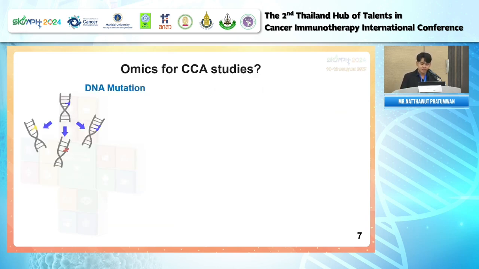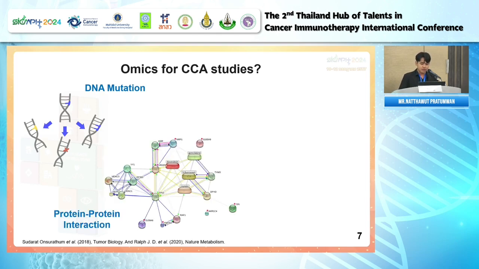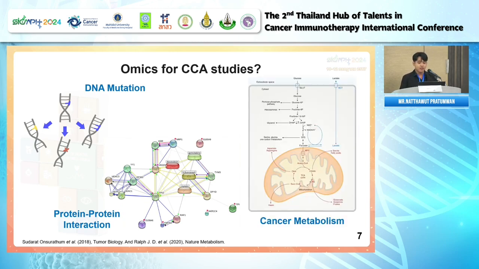Cancers or CCA usually have DNA mutations or dysregulation of epigenetic regulation, and also protein-protein interactions. Some proteins can interact to help increase the survival of the cancer, and also the metabolism of the cancer can be one of the major factors for drug resistance, because it can detoxify to decrease the effects of the drug when the drug stays within the cells.